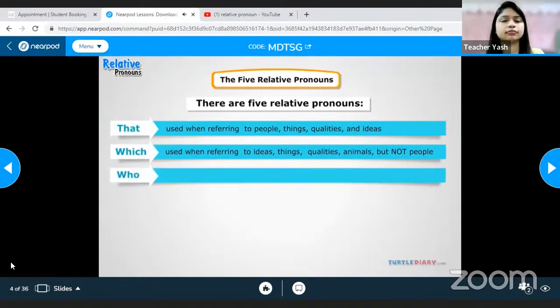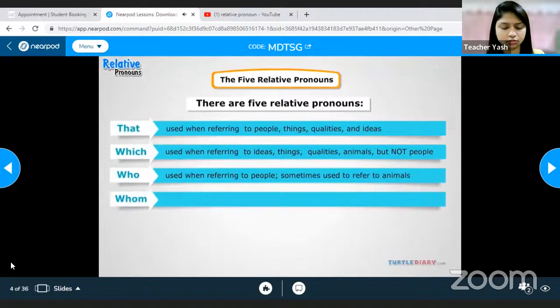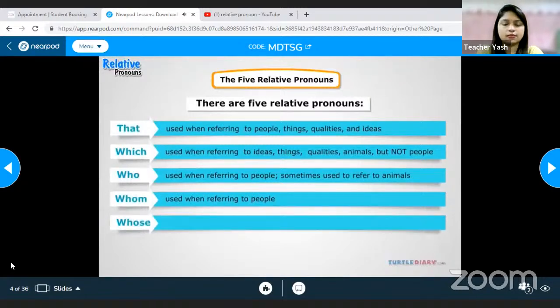Who is used when referring to people, sometimes used to refer to animals. 4. Whom is used when referring to people. 5. Whose is used when referring to people, animals, things, qualities, and ideas.